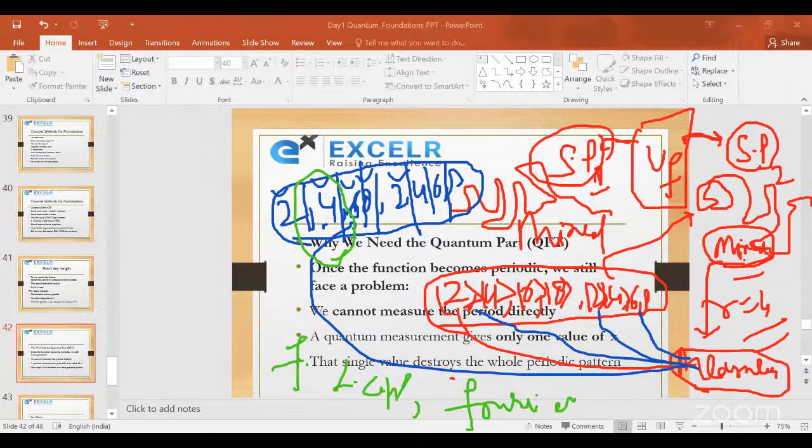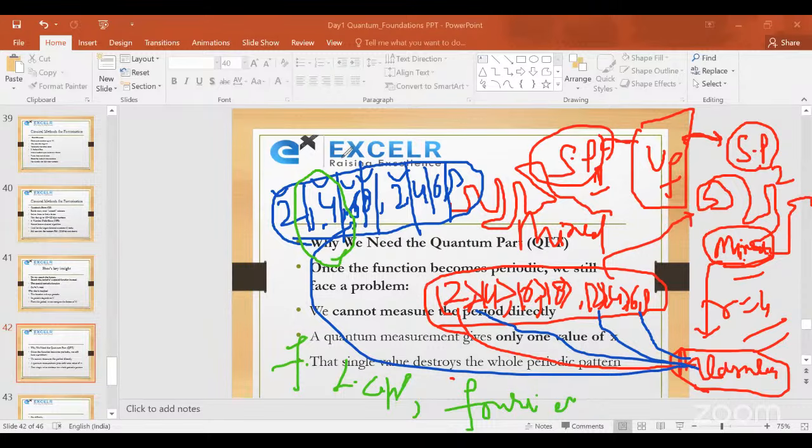This restriction can be overcome when we do a transformation, that is, the Fourier transformation. What is the work of the Fourier transformation? It is used to transform from one frame of reference to another, so there is a parametric change.